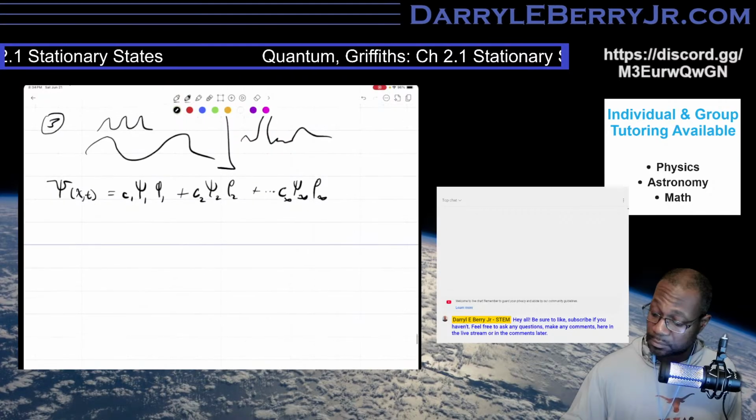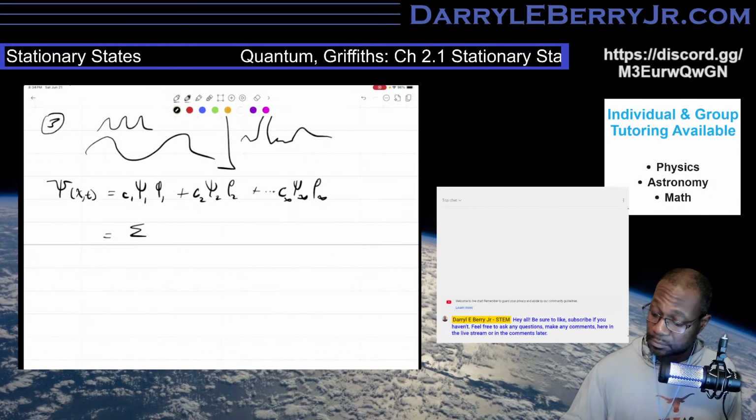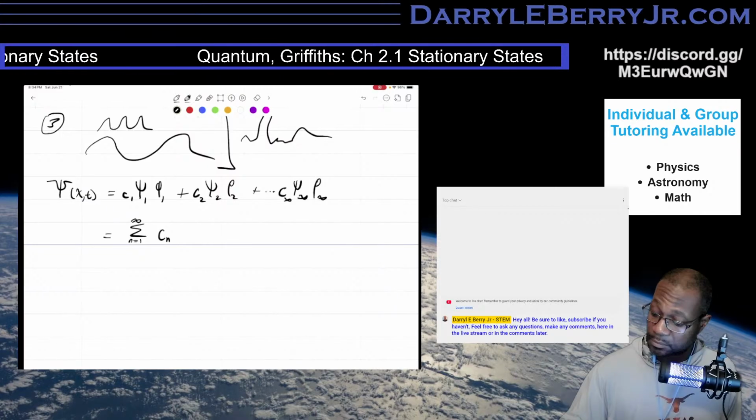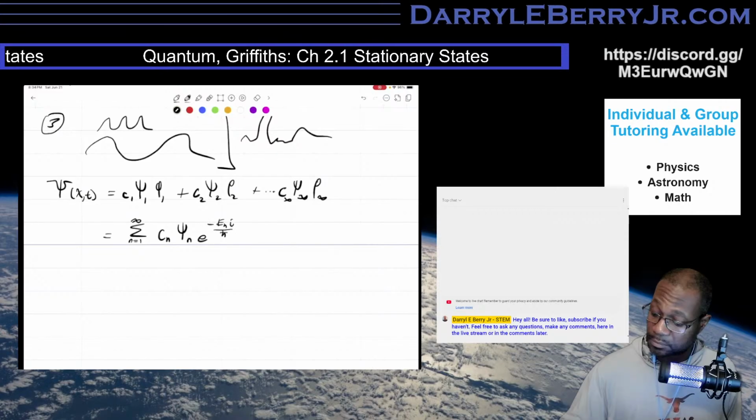So the way the book would write this is by saying that we'll have the sum from n equals 1 to infinity, of whatever the constant is that we need to make sure it stays aligned with initial conditions, times psi n, and we'll put in h bar.